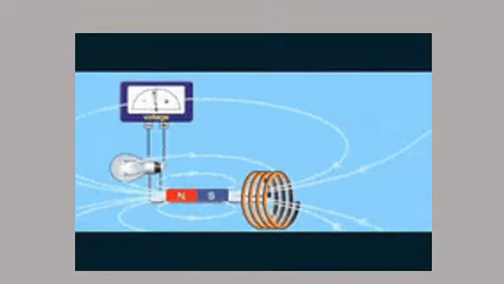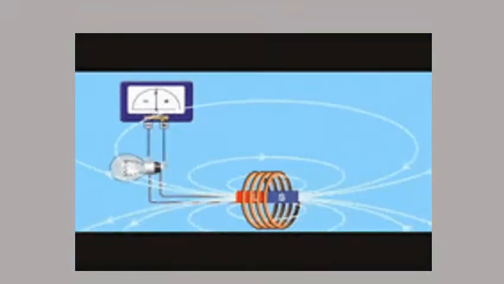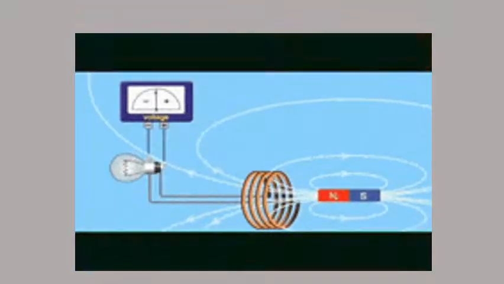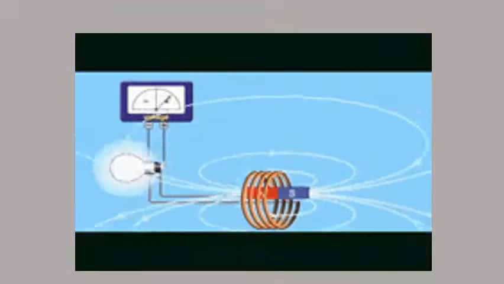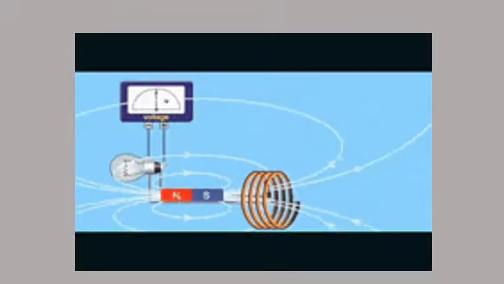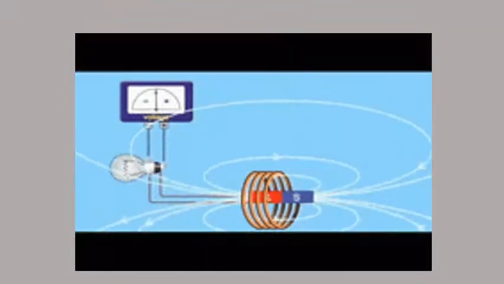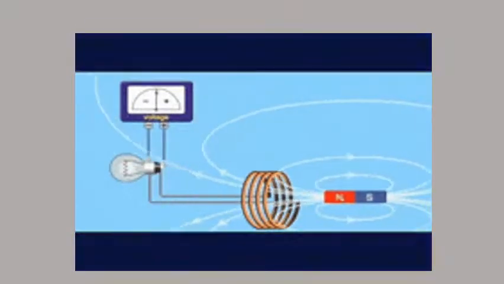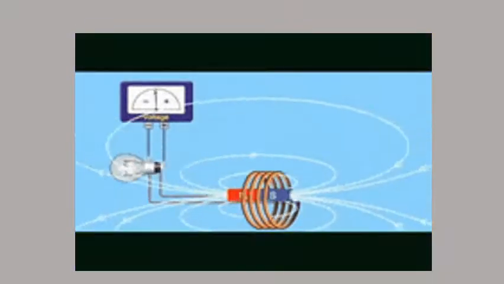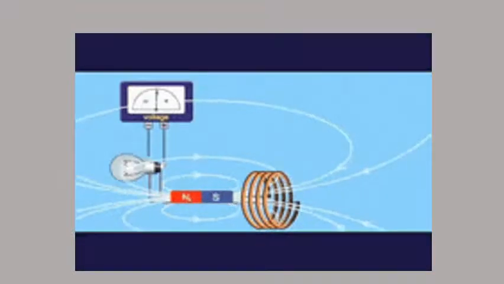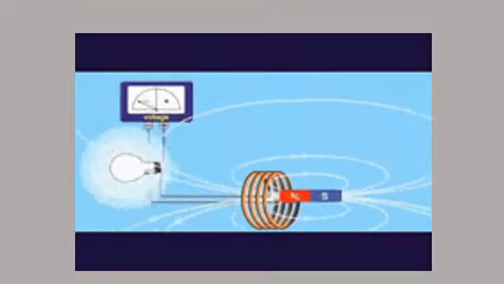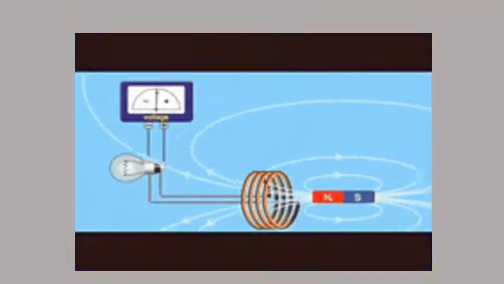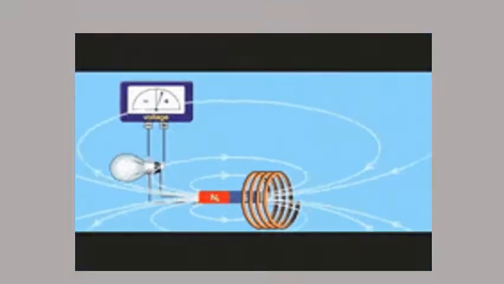Because of this movement of electrons in the coil, an EMF, a potential difference, is induced, and because of this potential difference there is an induced current. So this is basically the whole phenomenon of Faraday's law.